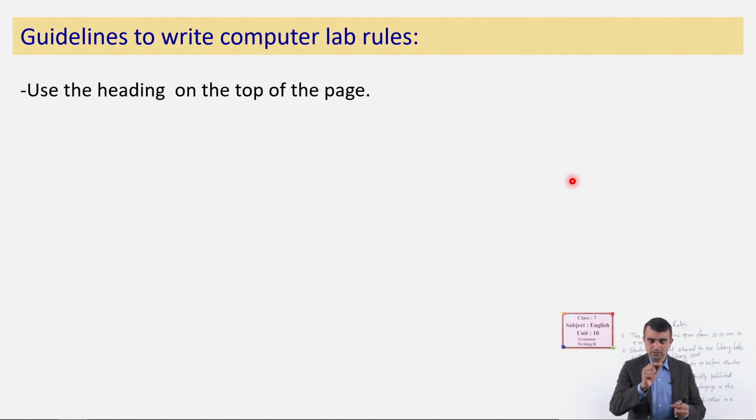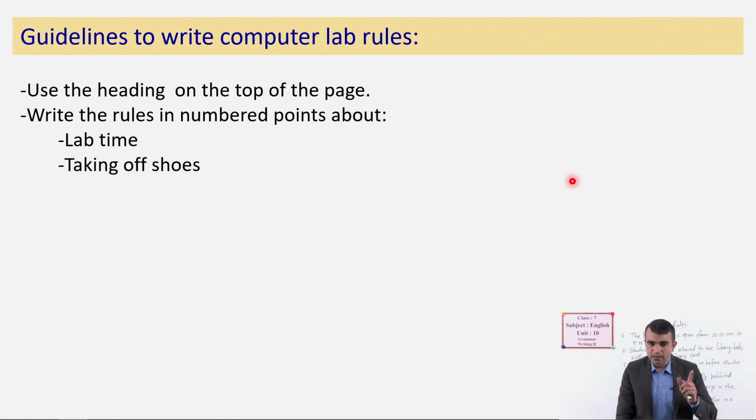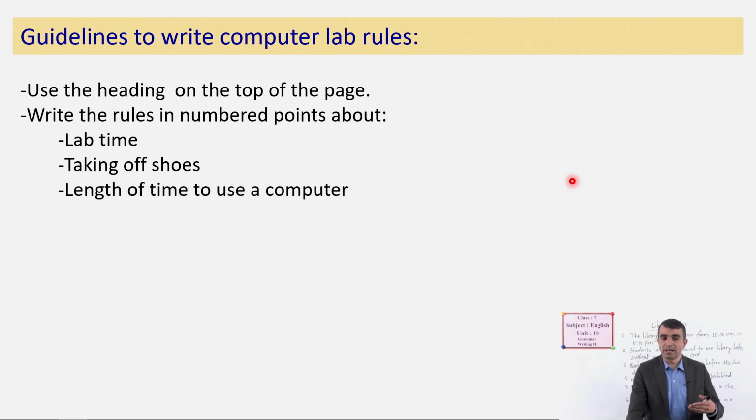And then you can write numbers. In each number you can write rules about what? Lab time. Taking off shoes, if there is a rule about it: before entering the lab you should take off your shoes. Similarly, length of time to use a computer, one student should not use more than 45 minutes or like that.